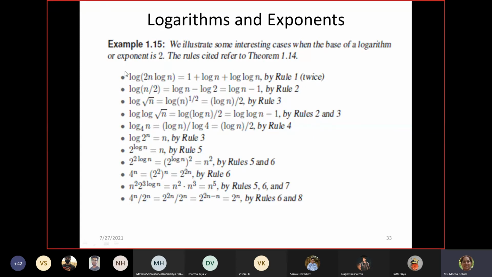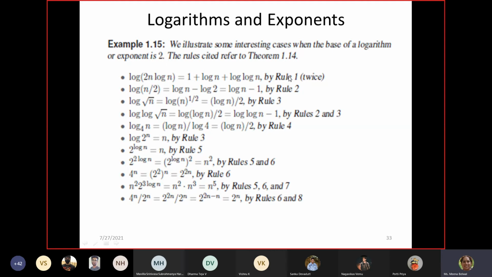Okay, so for example, log of 2 log n is going to be this. You have actually applied rule 1 twice, so it's actually multiplication. Log of 2 log n is log 2 plus log log n. Again, log 2n is log 2 plus log n, so log 2 base 2 is going to become 1.